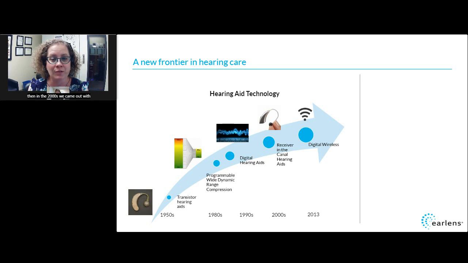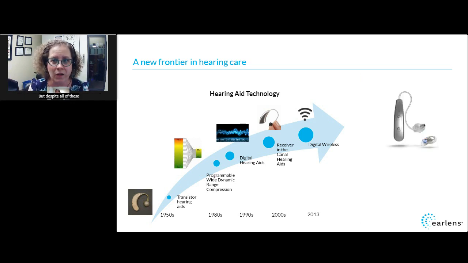And then in the 2000s, we came out with the receiver in the ear devices, as most people know that we have today. And then in 2013, we came out with wireless, where hearing aids had more wireless connectivity to iPhones in the beginning, being able to make changes on your phone with an app. So you can see here from the 50s all the way to now how much growth we've had.